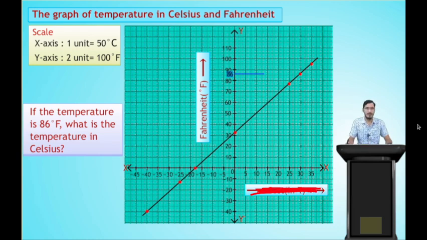The x-axis represents the Celsius scale here, and the y-axis represents the Fahrenheit scale. And if the temperature is 86 degrees Fahrenheit, what is the temperature in Celsius? Yes, that is 30 degrees Celsius.